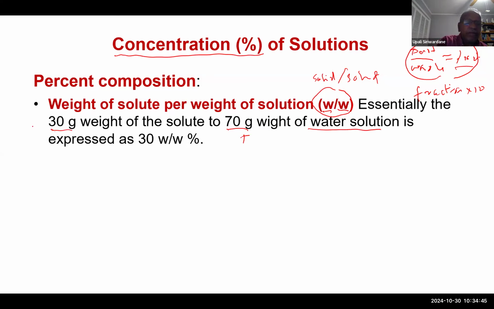That is the part, 30, divided by the total, 70? Part divided by total multiplied by 100.